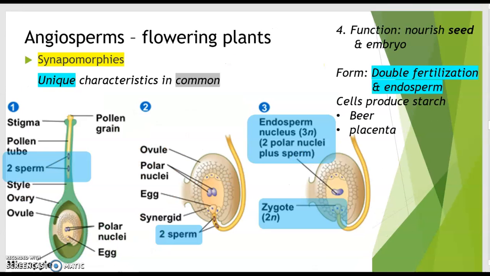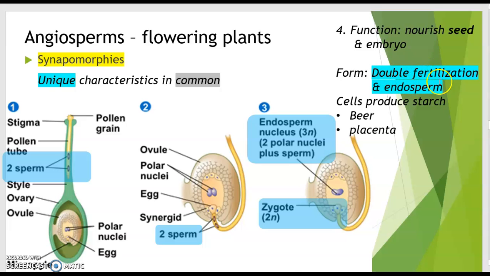The fourth synapomorphy between angiosperms is the fact that they have double fertilization, and that produces an endosperm. Well, what is that about? An endosperm is actually the first view of a placenta that nourishes an embryo.